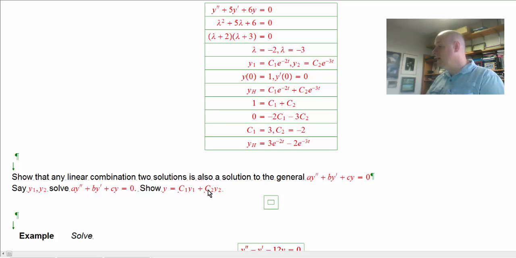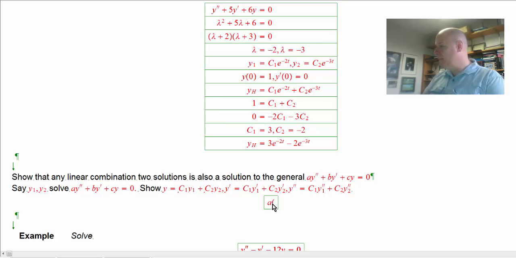So I need the derivatives. Because it's linear, the derivatives, y prime is just going to be y1 prime, y2 prime, and the second derivative. So I need to sub these three pieces in this left-hand side and make it equal to 0.